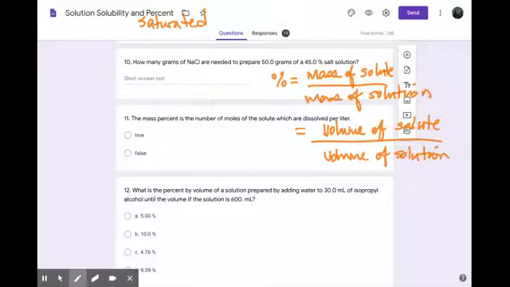Either one of these, either you use the mass or volume, depending on what information is given to you in the question.